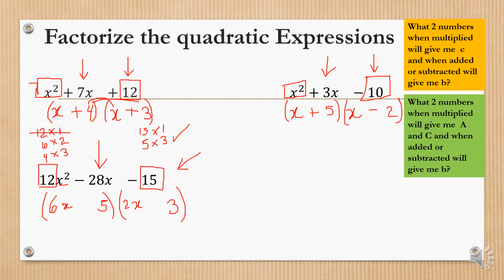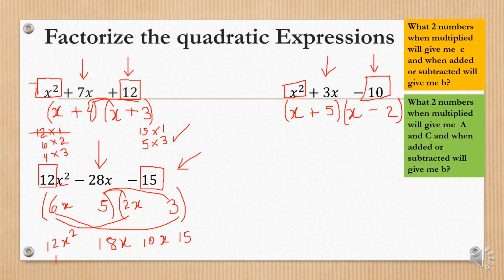Right? So let's expand this bracket now. I'm going to get 6 2s are 12x squared, x by x is x squared. It's going to be 6 by 3 is, are you all seeing it? 6 3s are 18x. Now I'm going to do 5 2s are 10x. 5 3s are 15.